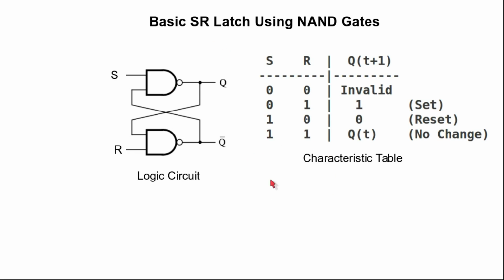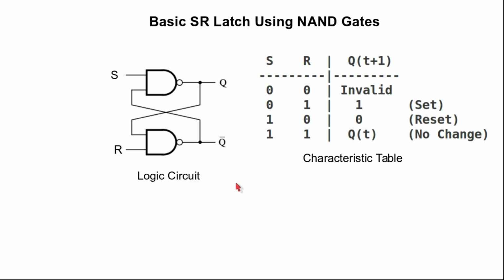So for NOR gate, 1 1 was the invalid state and 0 0 was the no change state, but now it's the reverse. 1 1 is the no change input and 0 0 is the invalid input.